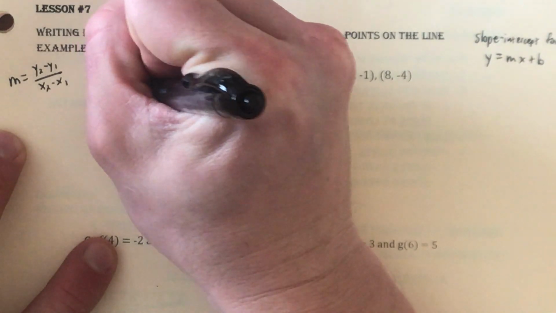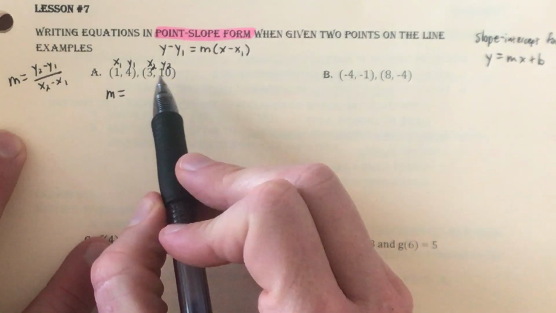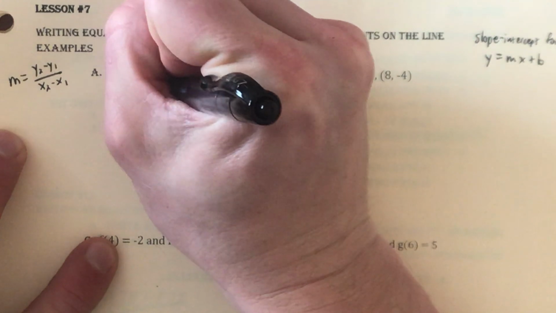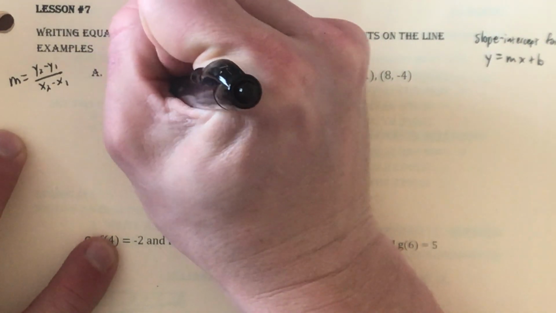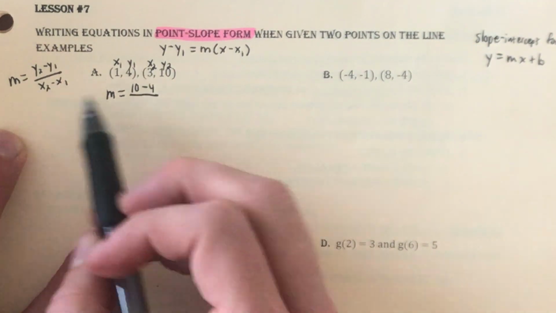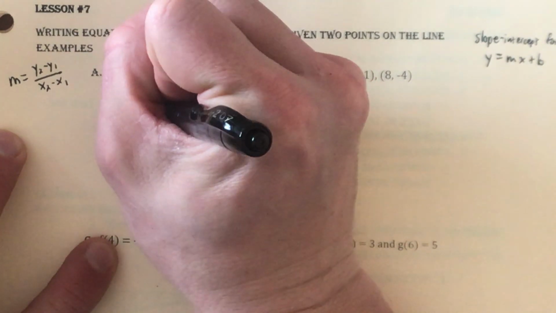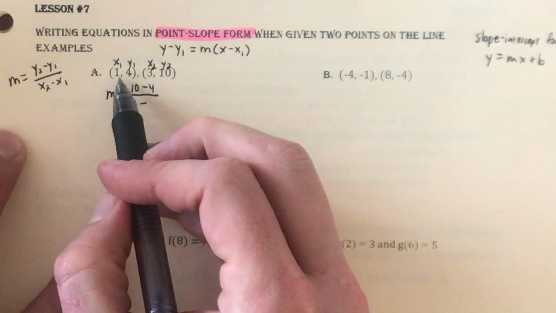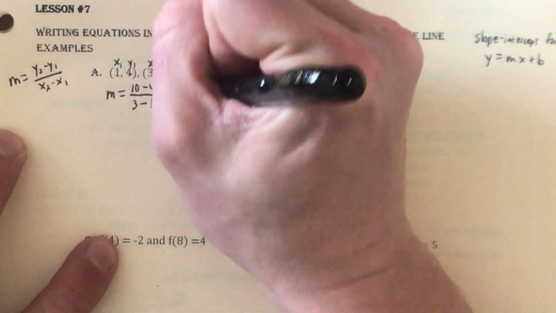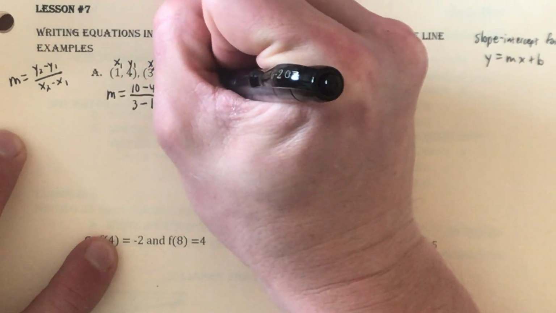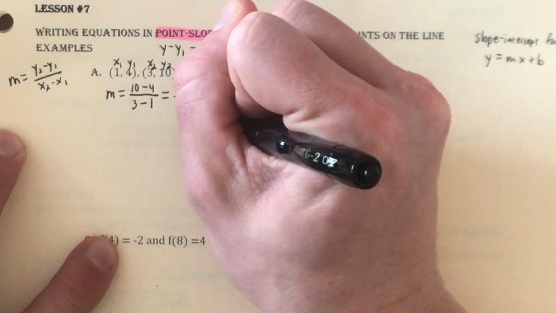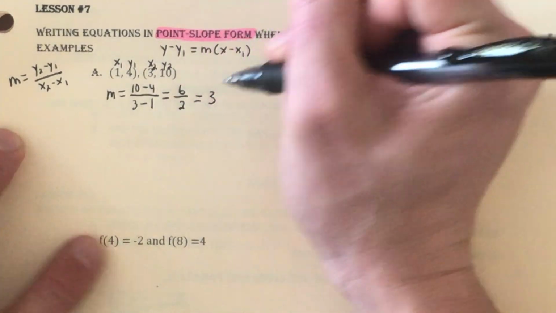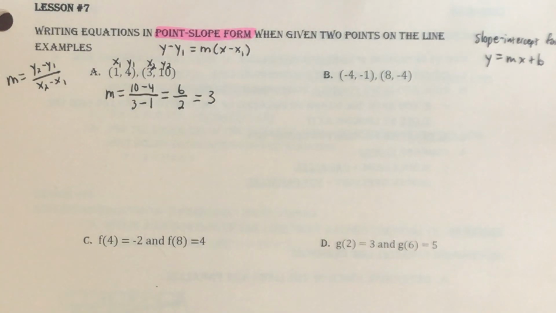So I've got m equals y2, which is 10, minus y1, which is 4, over x2, which is 3, minus x1, which is 1. And then I need to simplify it down. So 10 minus 4 is 6, over 3 minus 1 is 2, and 6 divided by 2 is 3. So my slope is 3.